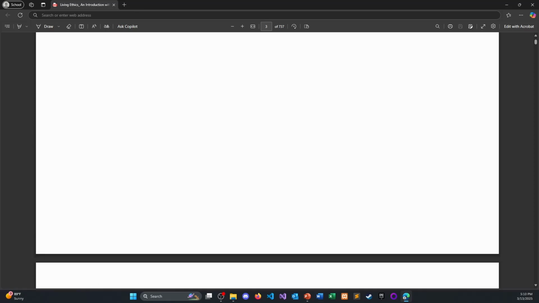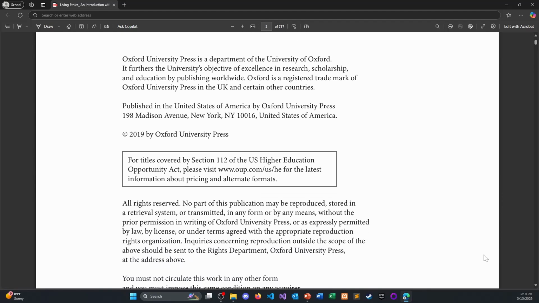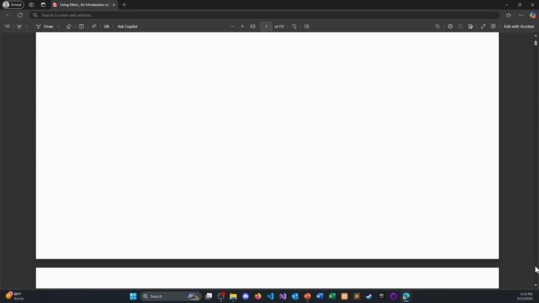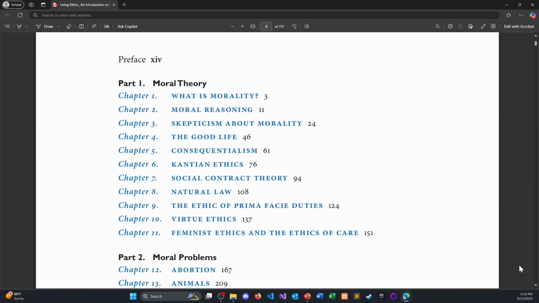I always recommend that you start with the table of contents and see, broadly speaking, what we're going to be studying in the class. So if you notice, this particular textbook is broken down into two main parts. There's part 1, moral theories, and part 2, moral problems.